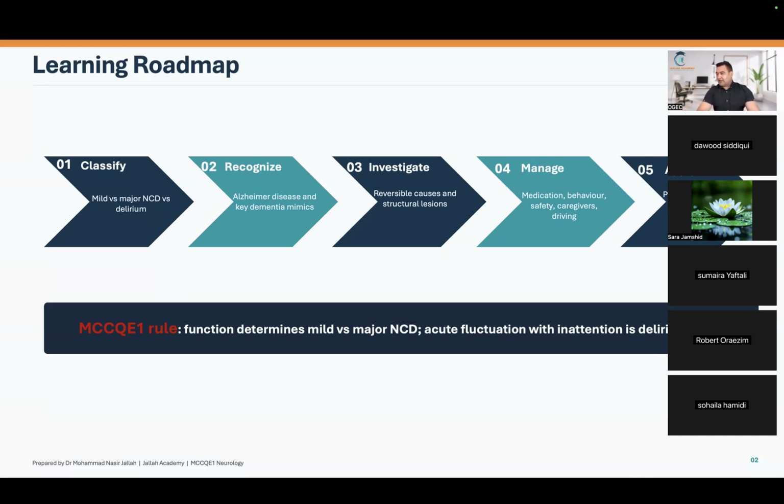And also apply pattern recognition for MCQ clinical vignettes. So we're going to have some clinical vignettes that show how these questions are going to appear.